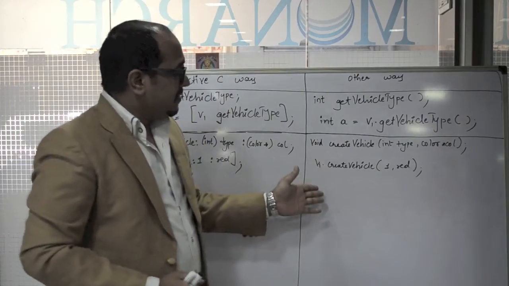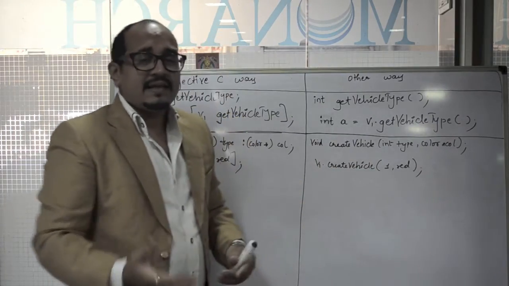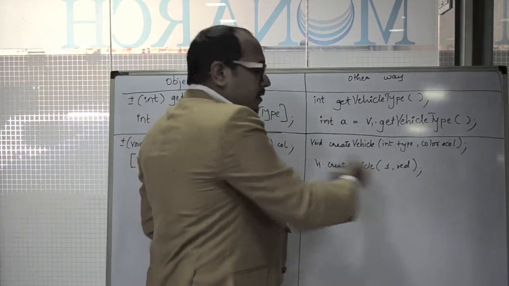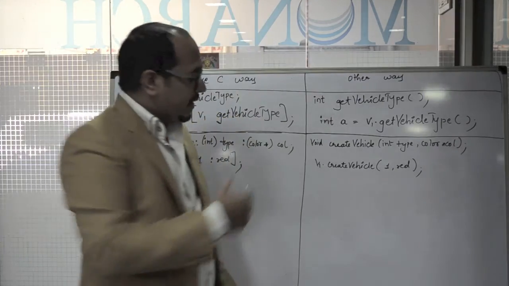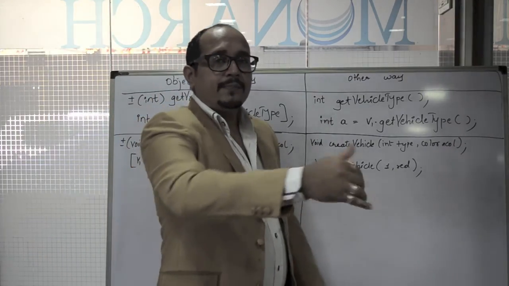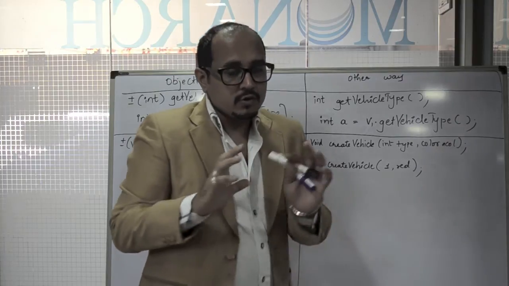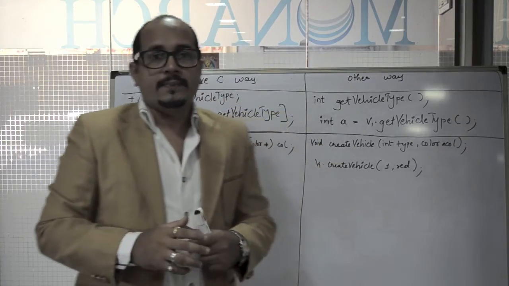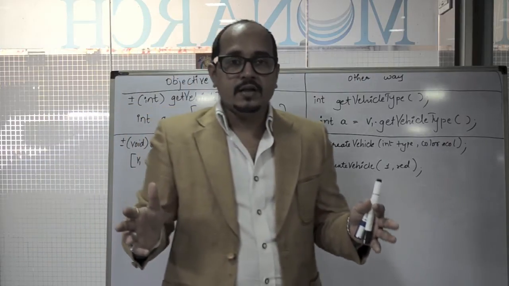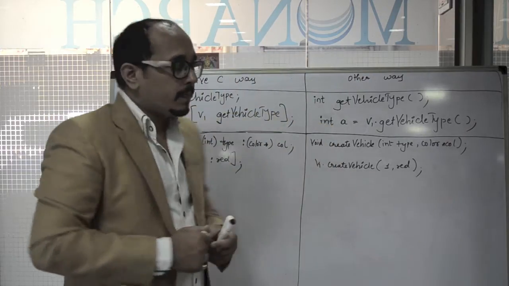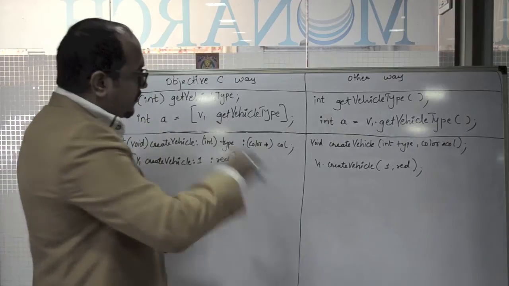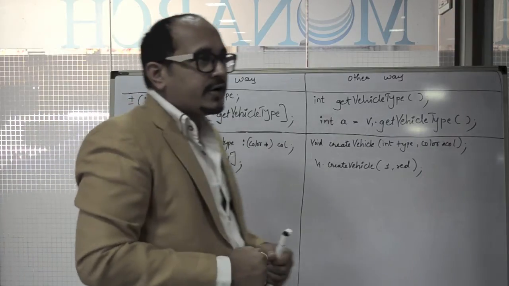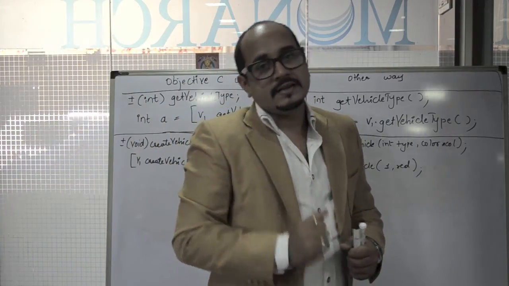Now suppose this is one way. Some people say you can express the arguments inside the function name, so you can have create vehicle with type and color. Okay, for 2 parameters it sounds good. But what if your function takes 10 or 12 parameters? Your function name becomes too big and it's very complicated to read also. So Objective-C has introduced a concept called labeling the argument.